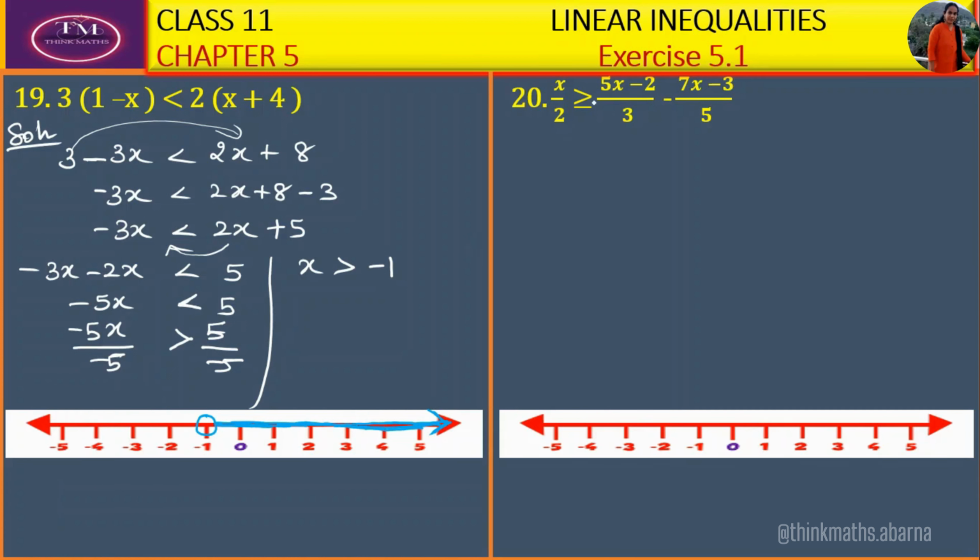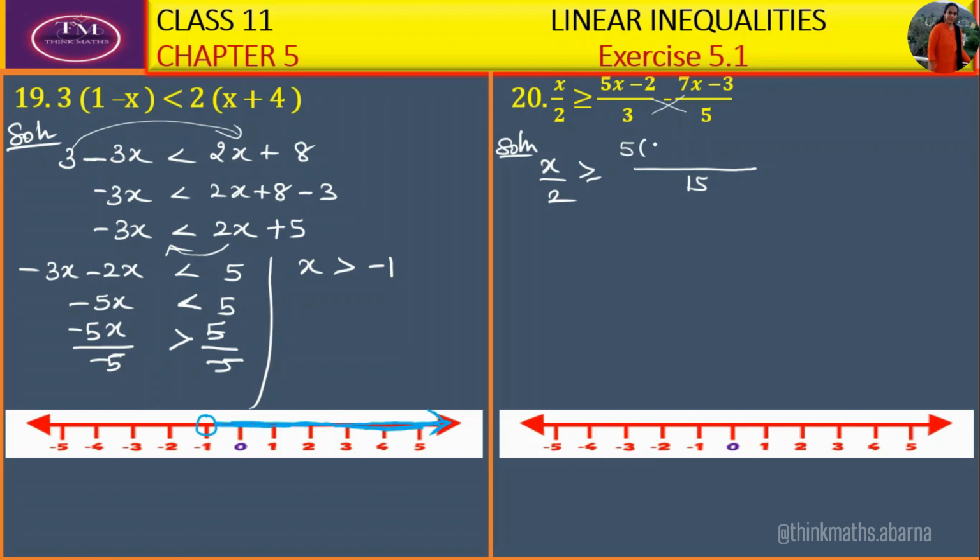x by 2 greater than or equal to 5x minus 2 by 3 minus 7x minus 3 divided by 5. First let us simplify this. Here there is nothing to simplify on the left side, so write it as such. Here what we have to do? We have to take the LCM. 3 into 5 is 15, and cross multiply.